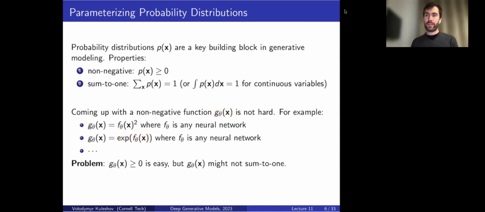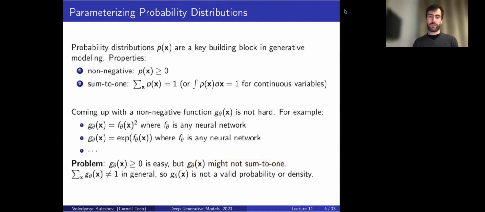What's hard in defining a probability distribution is the fact that for an arbitrary non-negative g of theta, it might not necessarily sum to 1. It's actually much harder to get g of x to sum to 1 than for it to be non-negative, right? The reason is that in general, there's nothing that forces these non-negative functions that I just gave you as examples to be equal to 1.